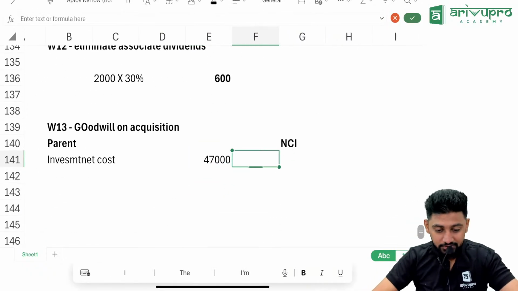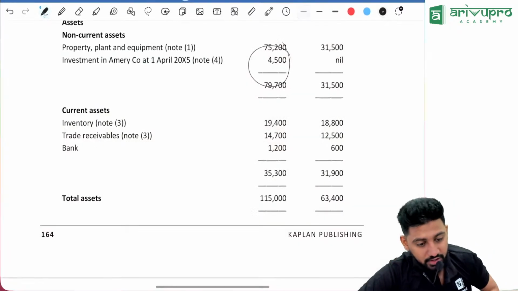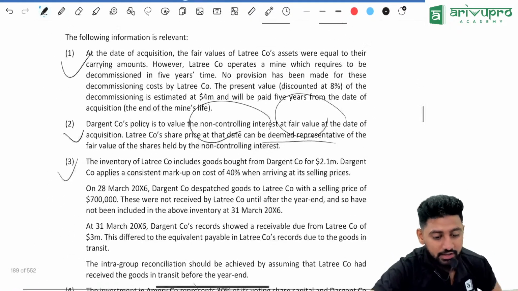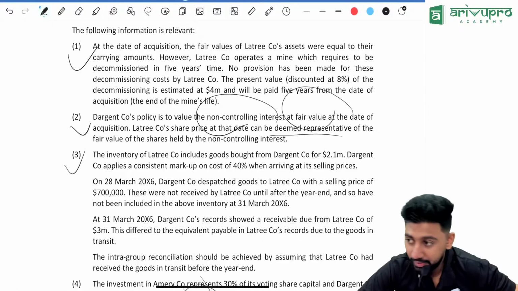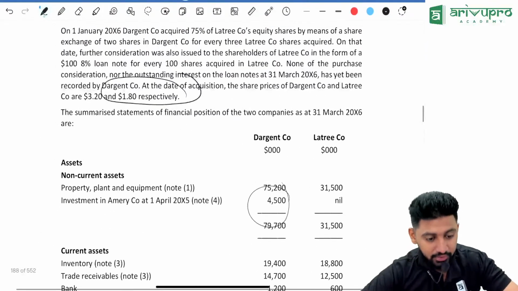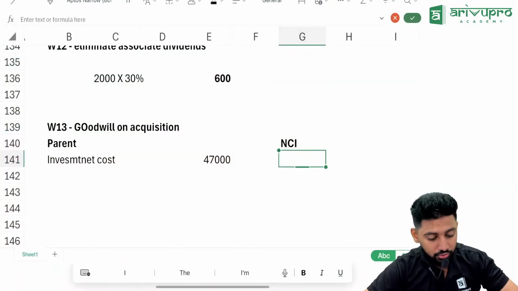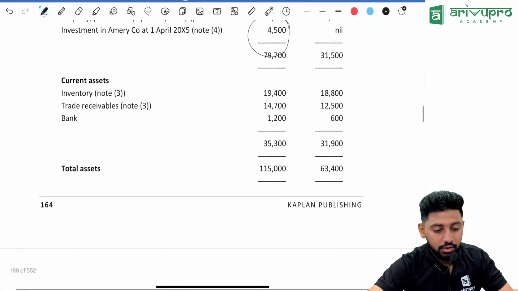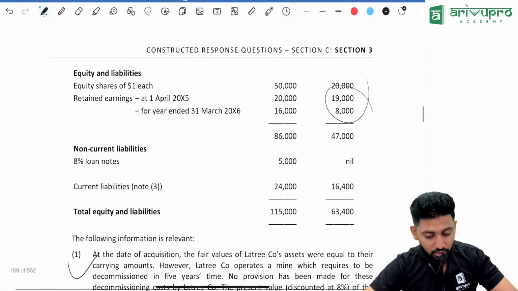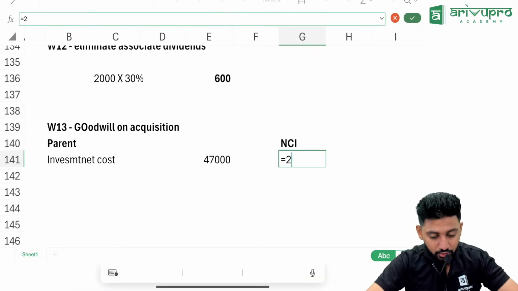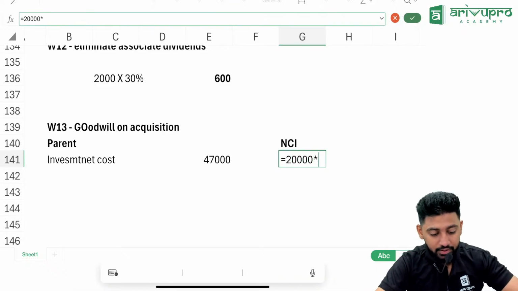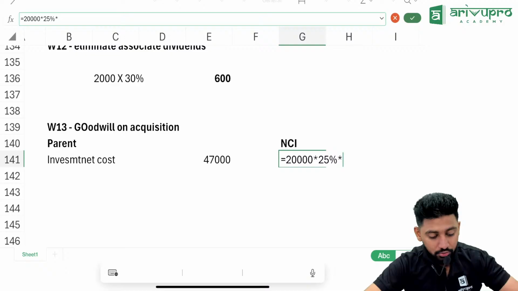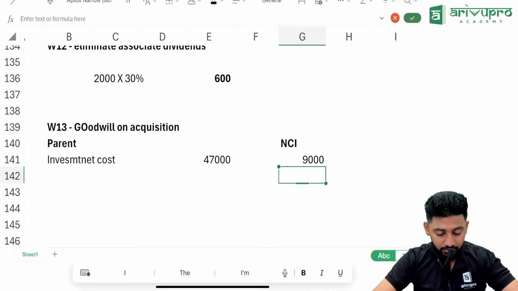and then I have ACCA investments. For ACCA investments, the question clearly states that I can use the share price. The share price given to me is 1.8, therefore total share capital is 20,000. Out of 20,000, I'm acquiring ACCA 25% into 1.8 gives me 9,000.